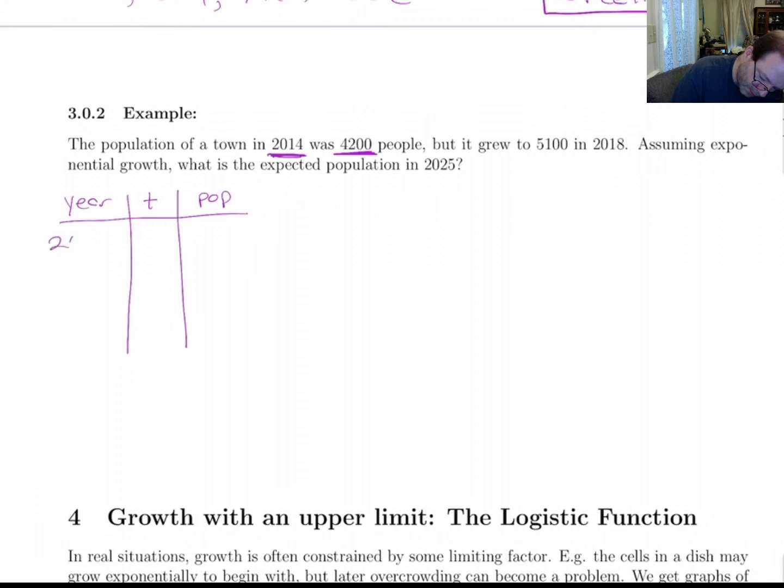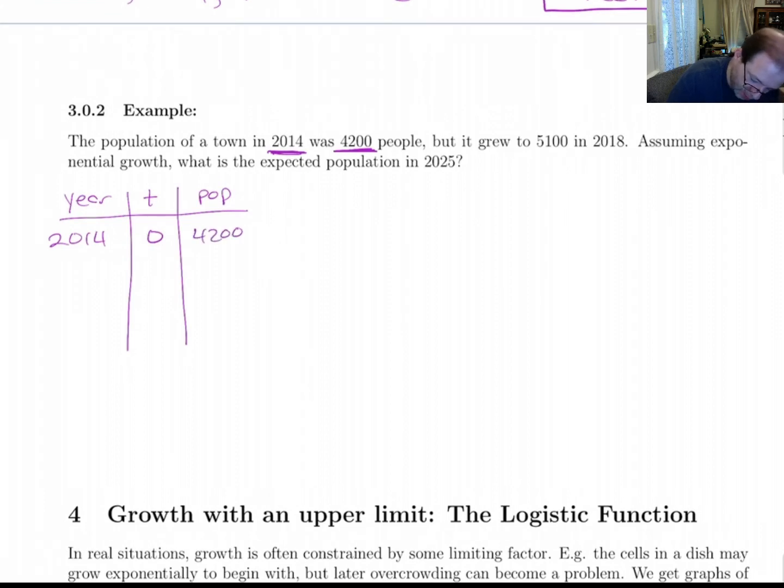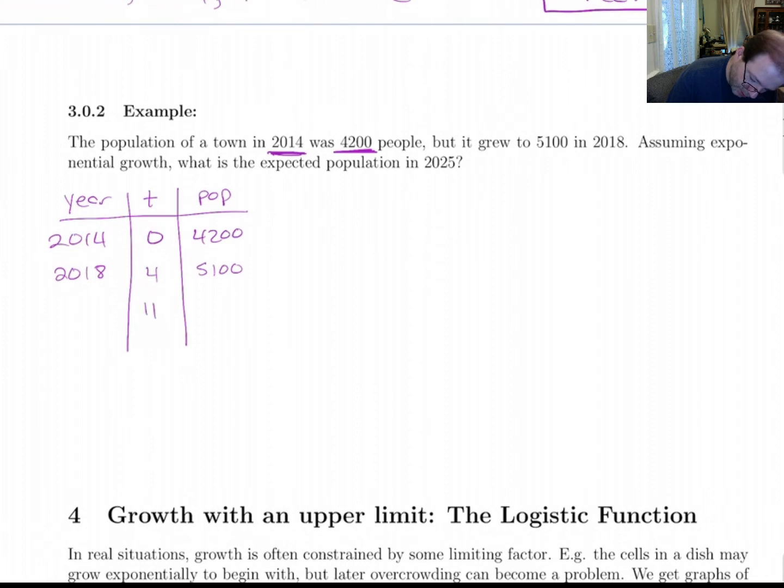So in 2014, that's going to be our starting time, so that's going to be T equals 0. Population is 4,200. In 2018, that's 4 years after the start, 5,100 people. And so the population in 2025, let's see, 2025 is 11 years later. And that's what we've got to solve for.